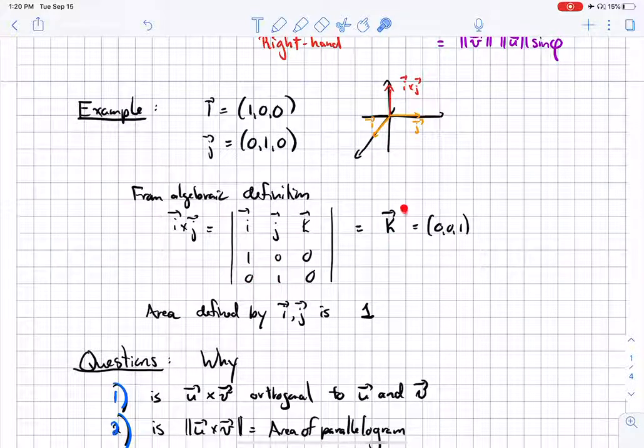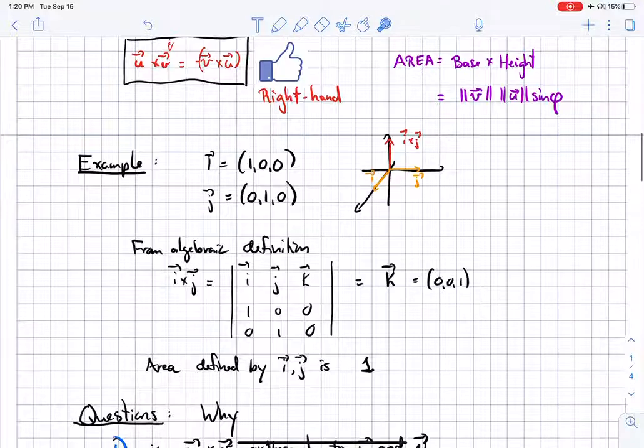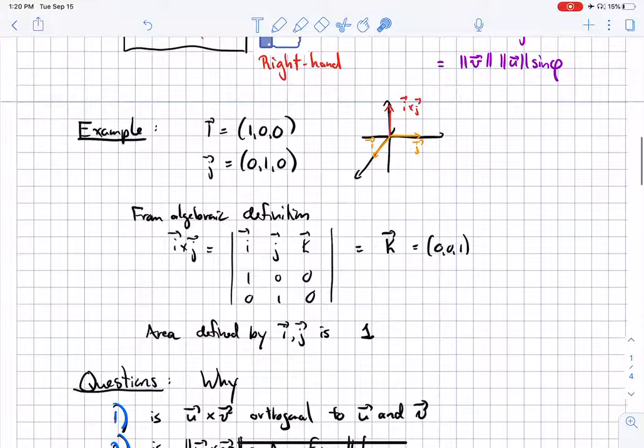So this is just k. The direction is consistent with the rule of thumb we had. If I put my fingers in the direction of i, turn them towards j, the thumb is up. And the area of the parallelogram defined by i and j is simply a square of length 1 on each side, so it's 1.